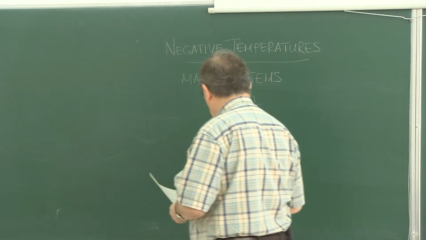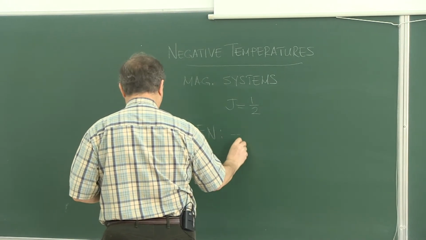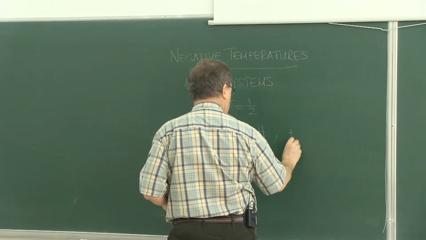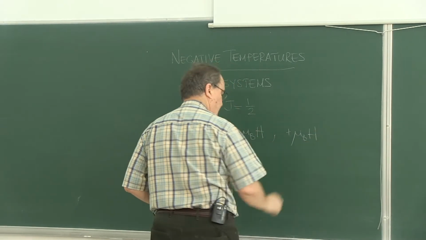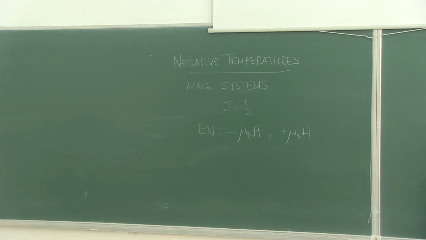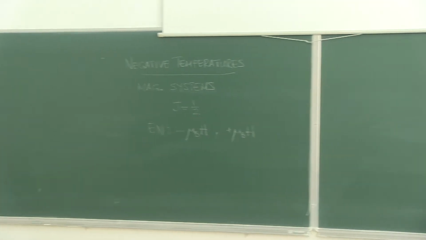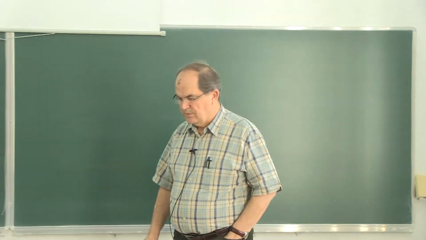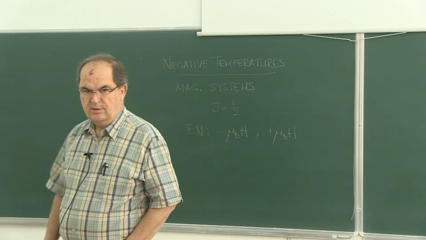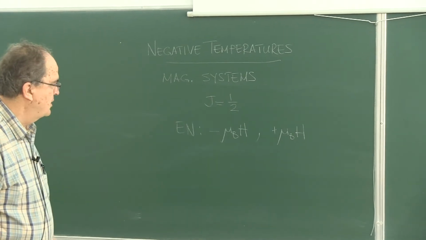So two orientations with energies minus mu B H or plus mu B H. If they are in the same direction, remember minus mu dot H, it's minus mu H. If they are in opposite directions, then it is plus mu H, the higher lying state. The other one is the ground state.